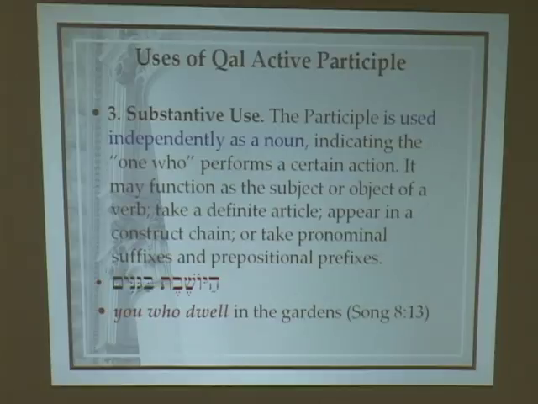So, for example, Hayoshevet Baganim. You who dwell in the gardens. And you see, "you who dwell" is one word, because the participle took on itself what?